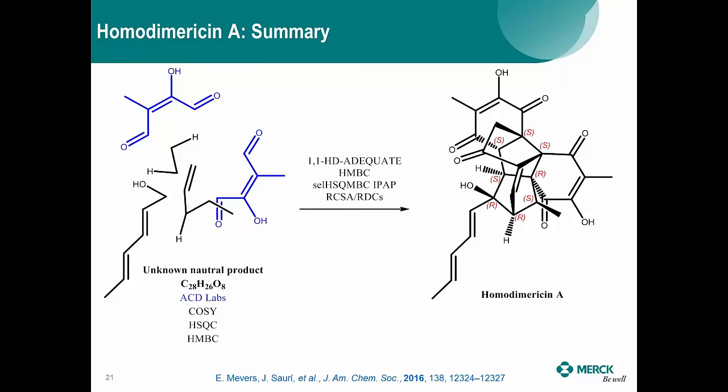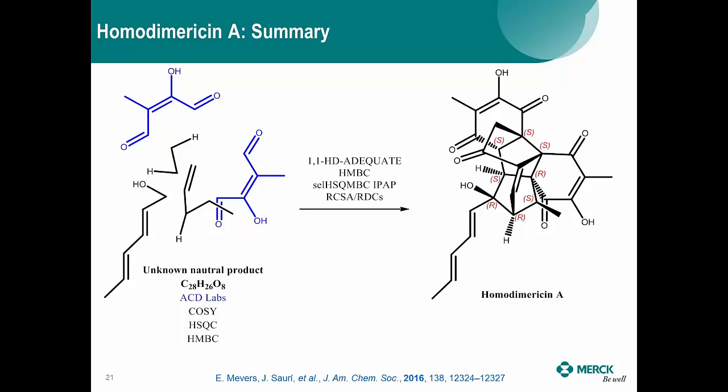But then after running the 1,1-ADEQUATE, going back to the HMBC data, and running some advanced NMR techniques to measure proton-carbon coupling constants, RCSA and RDC, we were able to establish not only the skeleton of this compound, but also the relative stereochemistry.